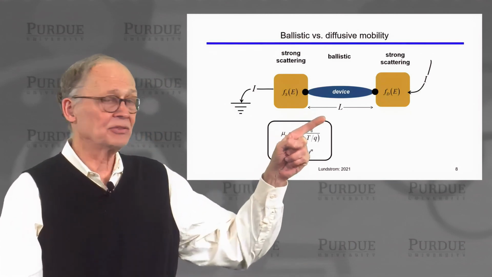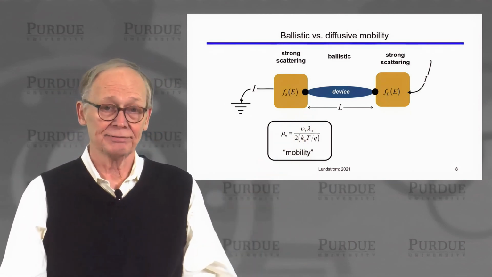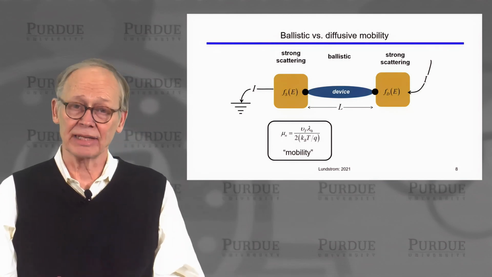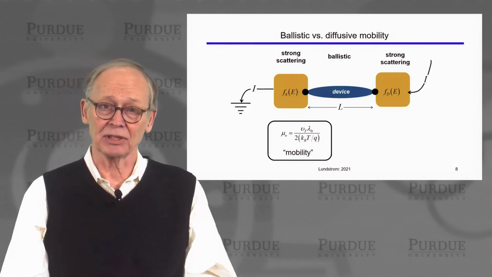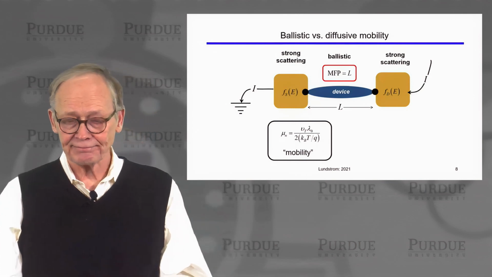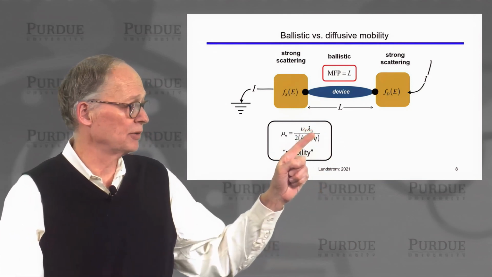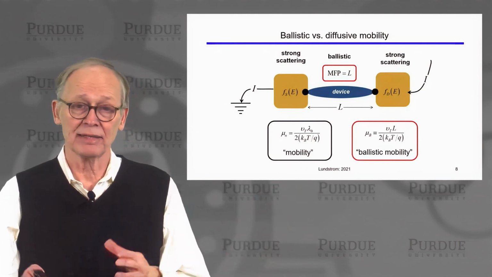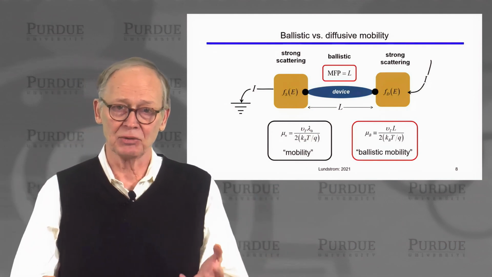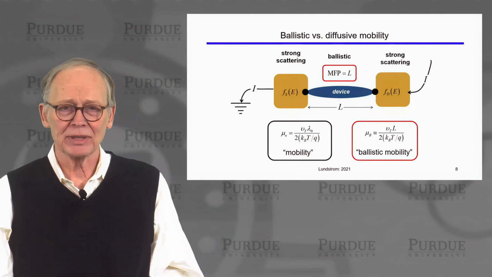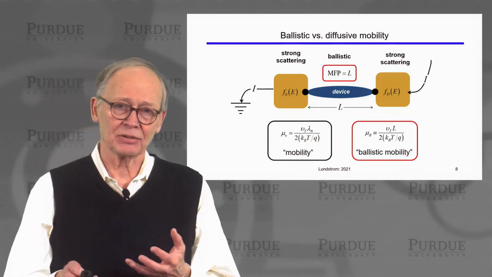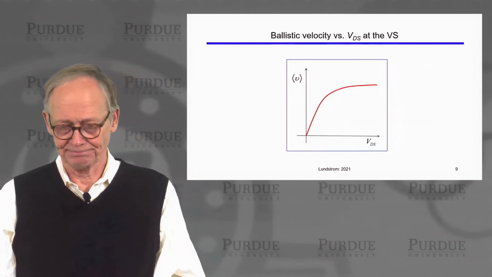So the average distance between scattering events, the mean free path, is the length of the channel itself in a ballistic MOSFET. So the mean free path is the channel length. We just replaced the mean free path in the mobility expression by the channel length, and that gives us the ballistic mobility. So it has a sensible physical interpretation.